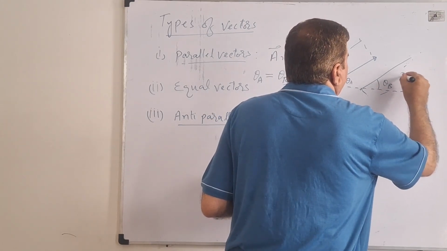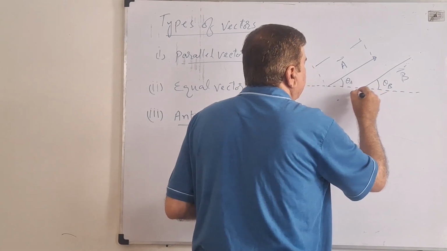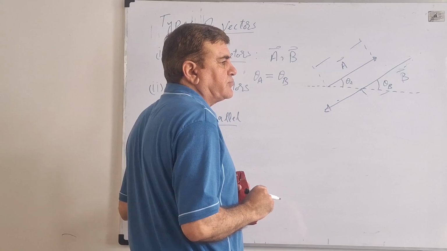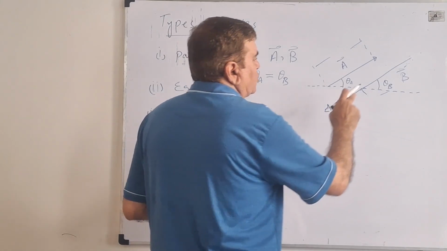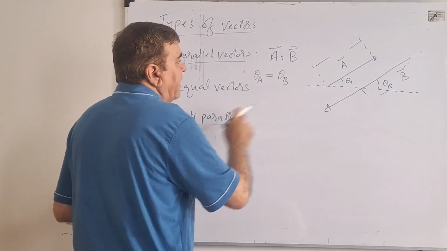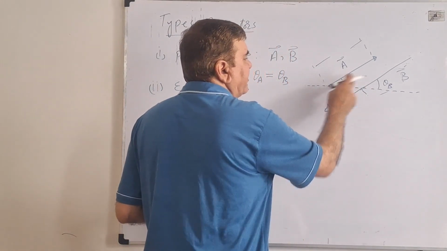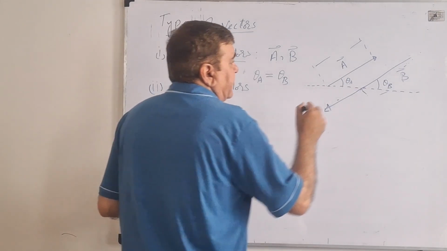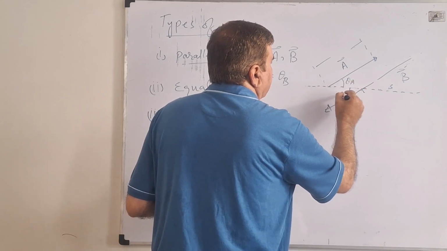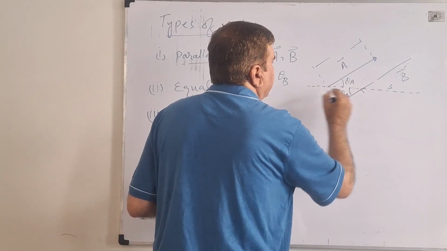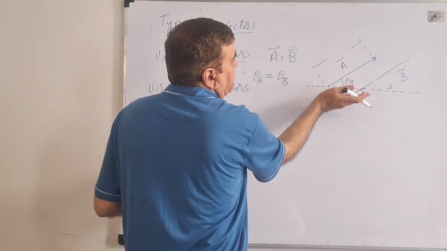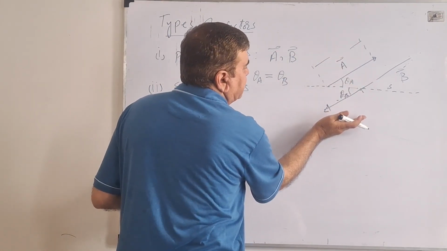This is vector B. However, the direction of B is in this direction. So these two vectors are said to be anti-parallel if they are exactly opposite in direction. That is, if one is making angle theta A, and this would be theta B. You see, theta A is upward, above the line, theta B is below the line.